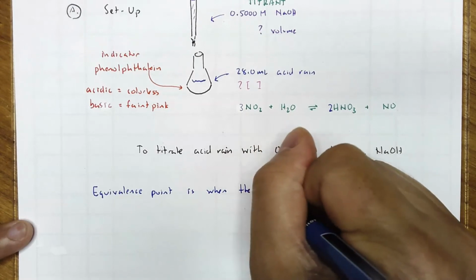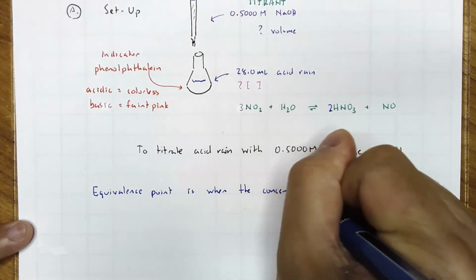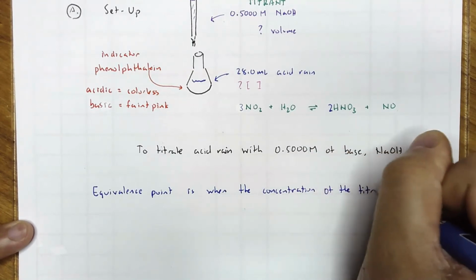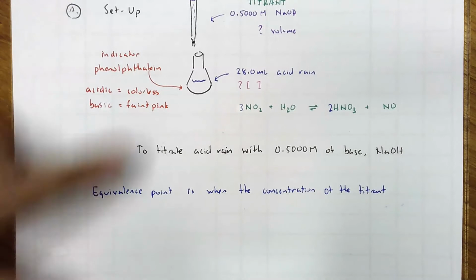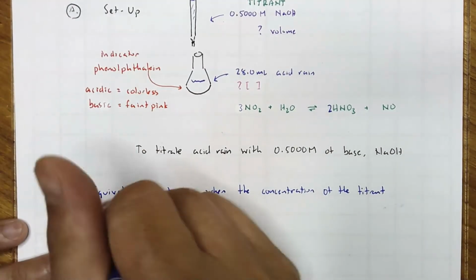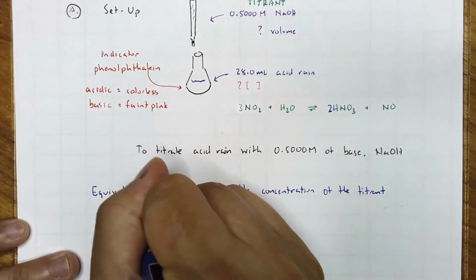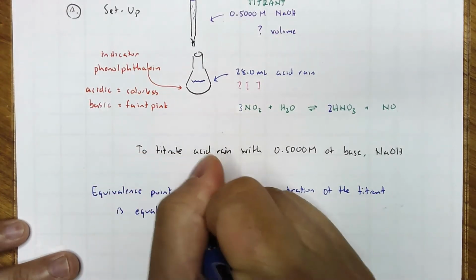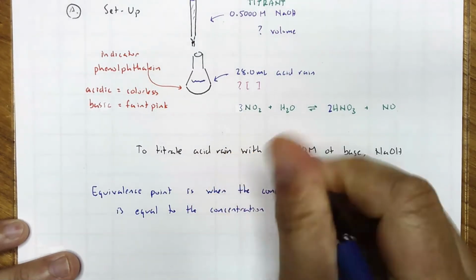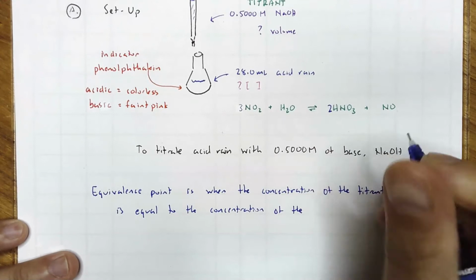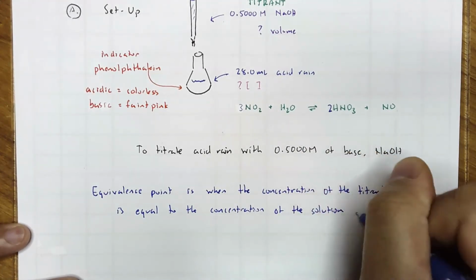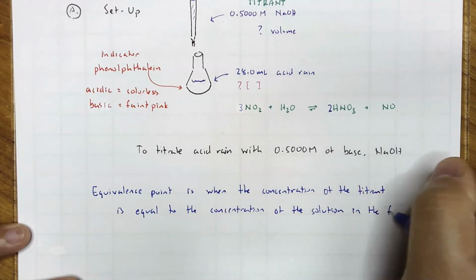concentration of the titrant in the flask, as you add it, when the concentration of the titrant is equal to the concentration of the solution in the flask.